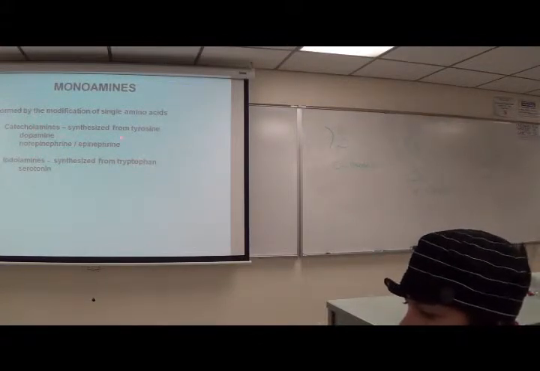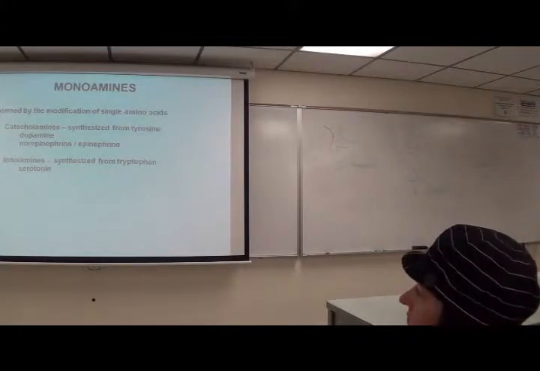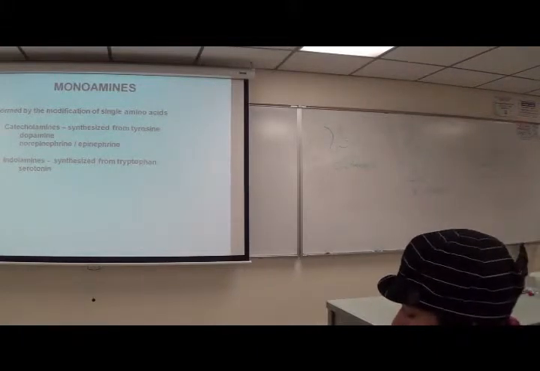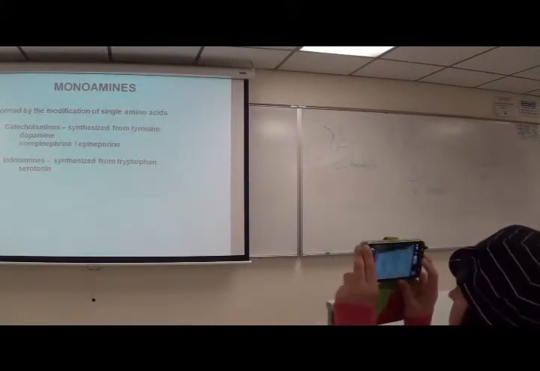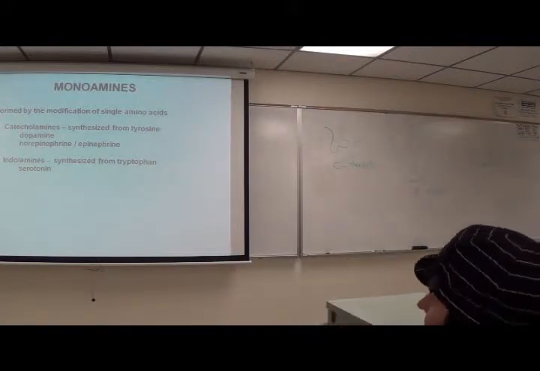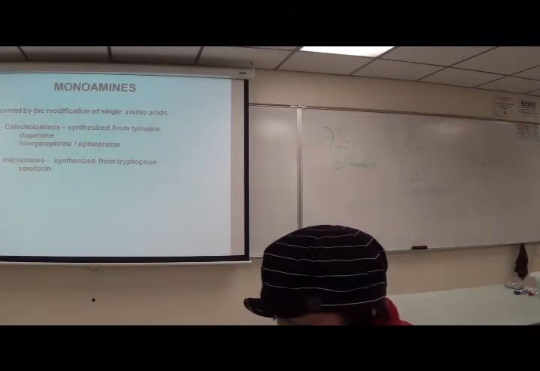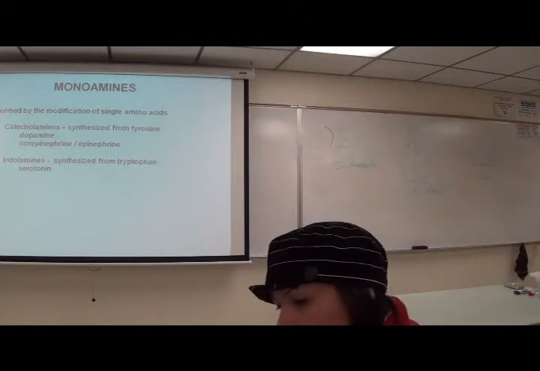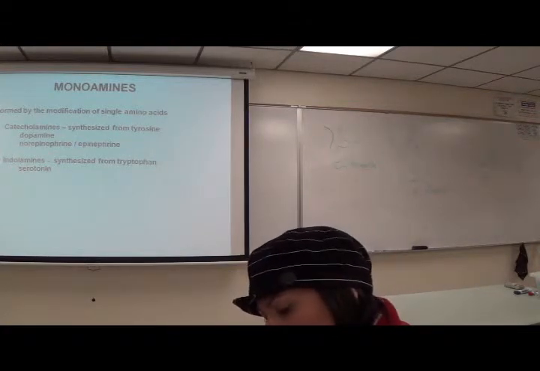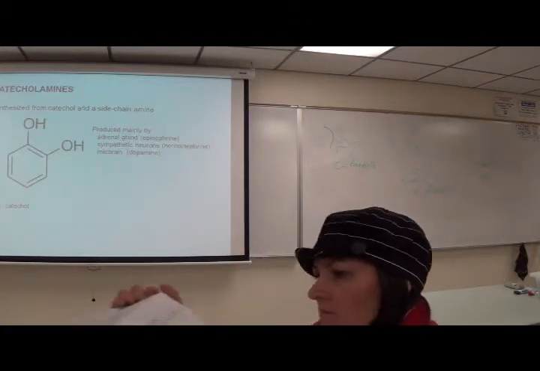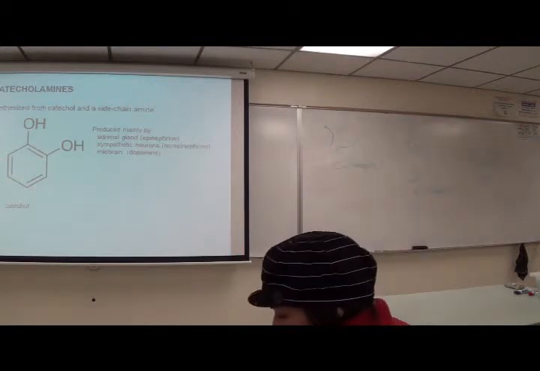Essentially, tyrosine and tryptophan are the two most common amino acids that are modified. And you've heard these words before: you've heard dopamine and serotonin before. Those are the catecholamines.